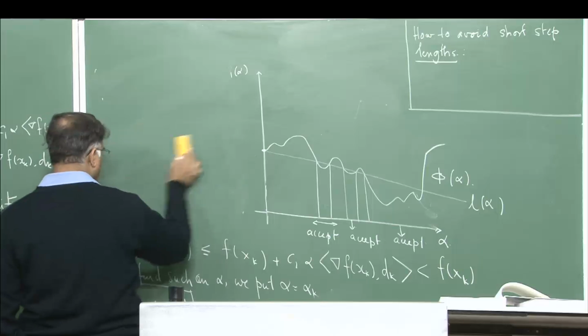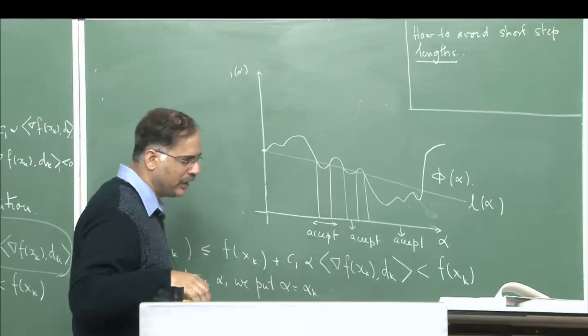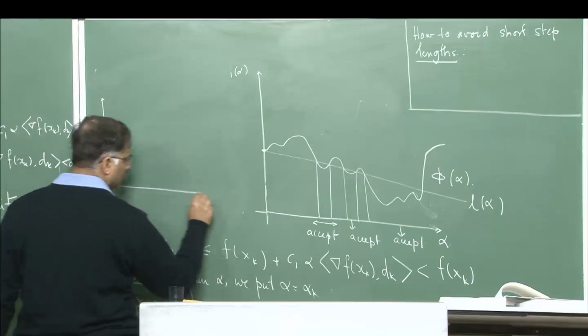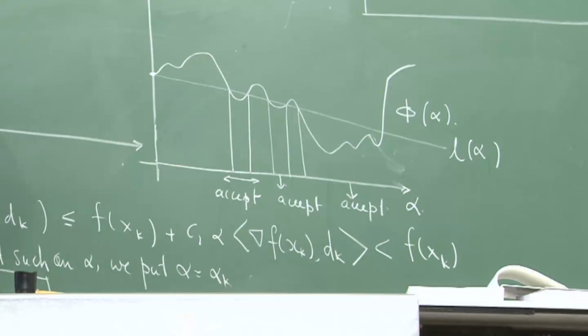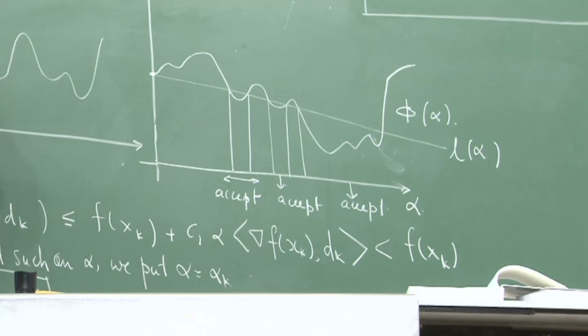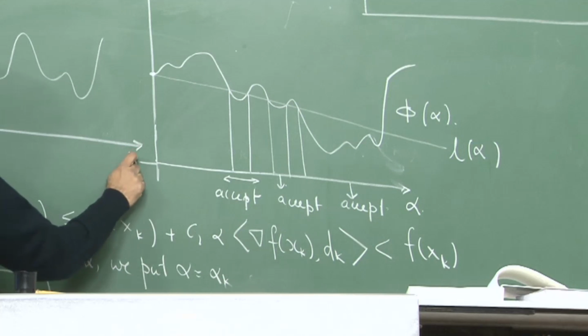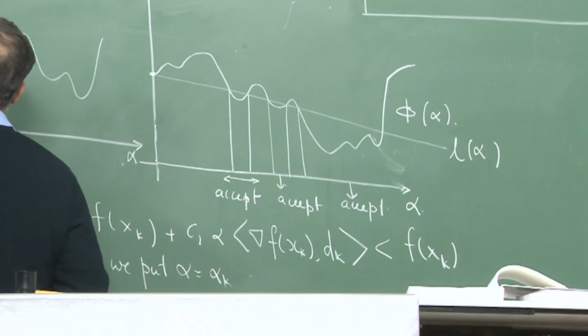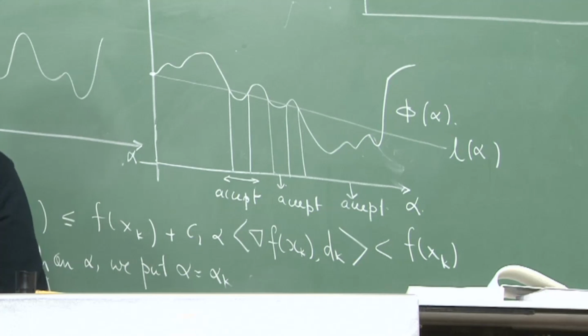Now, let me change the diagram a little bit and let me look into this situation. If I look into this situation where you have say phi alpha in this fashion, so this is my phi alpha and this is alpha. So, this is my L alpha.